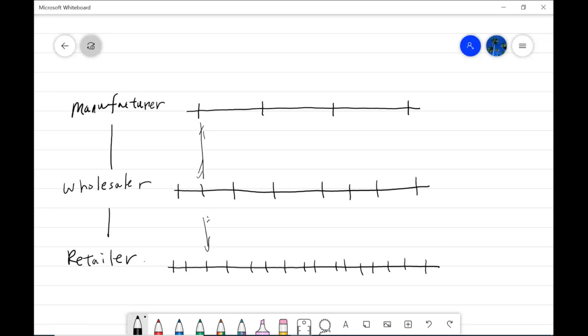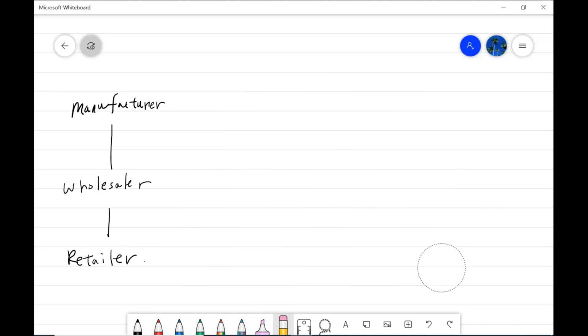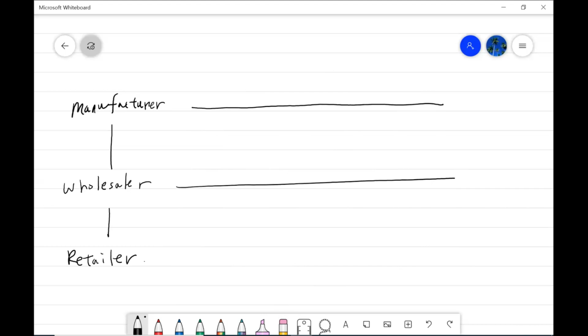Okay, so probably a better idea is, instead of this different way where they individually decide their own ordering time, somehow we try to match the ordering time this way. But still we have to be concerned that the manufacturer probably doesn't have to order as frequently as the wholesaler, probably less frequently.